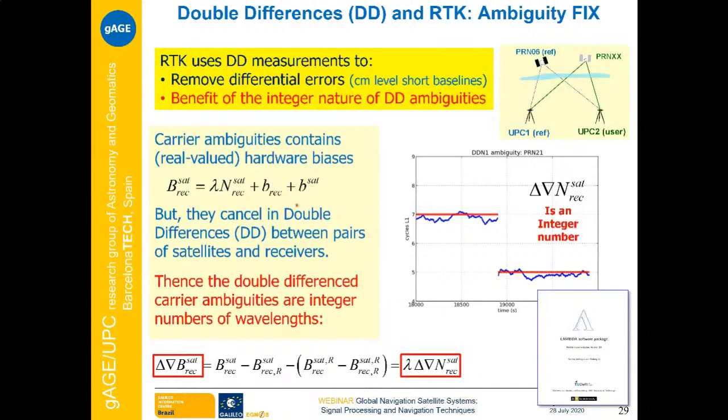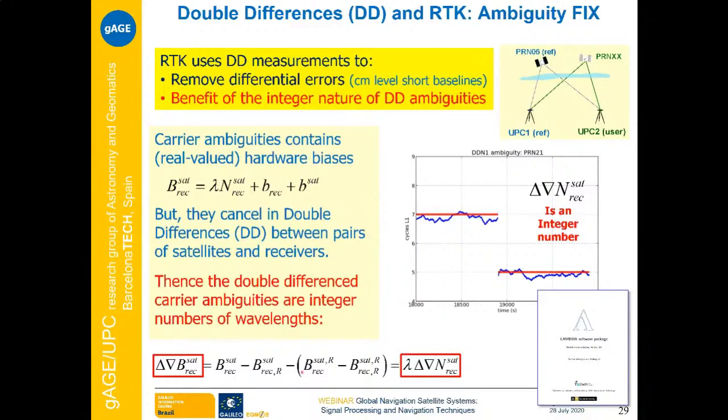Taking differences between receivers, we remove what is common for the receivers, that is the satellite. Taking differences between satellites, we remove what is common for the satellites, that is the receiver. And this is the idea of double differences. With a reference receiver, we take differences regarding the receiver for a given satellite, and taking a reference satellite, we do the same.